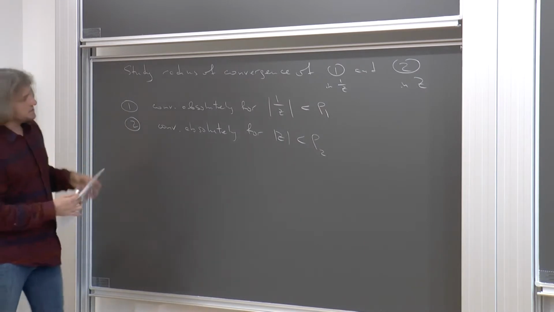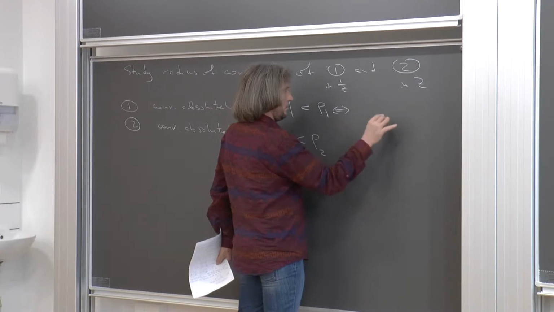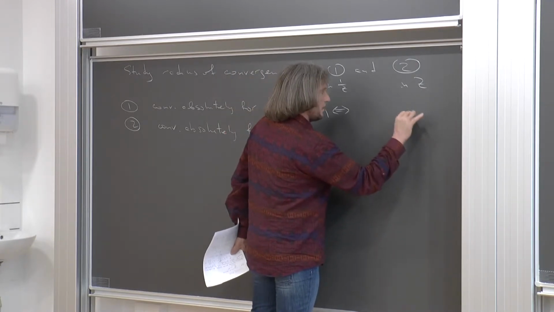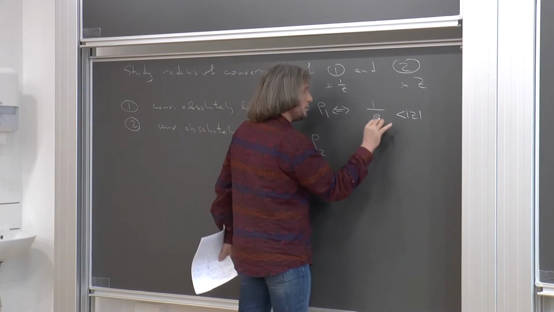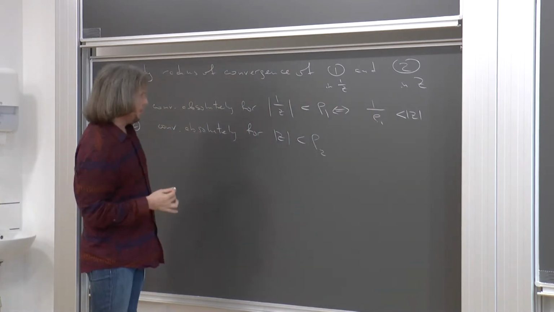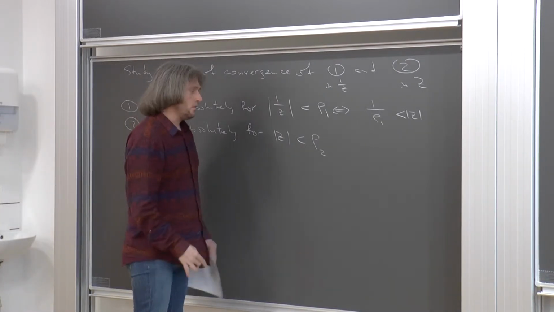Then this is equivalent to saying that z by absolute value is greater than 1 over rho 1, if rho 1 is not 0.